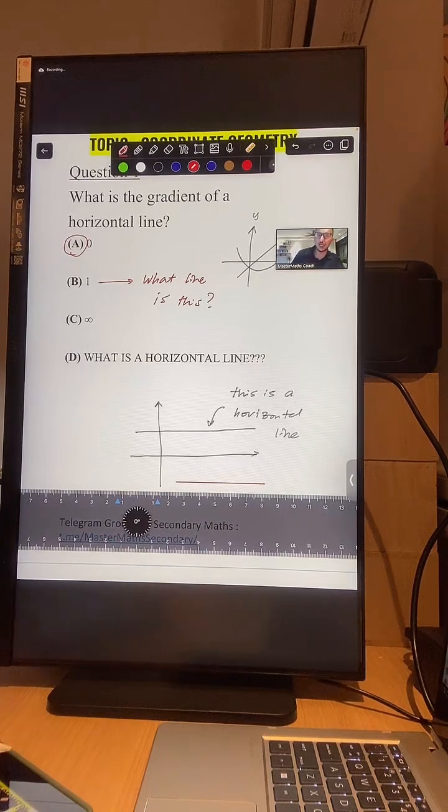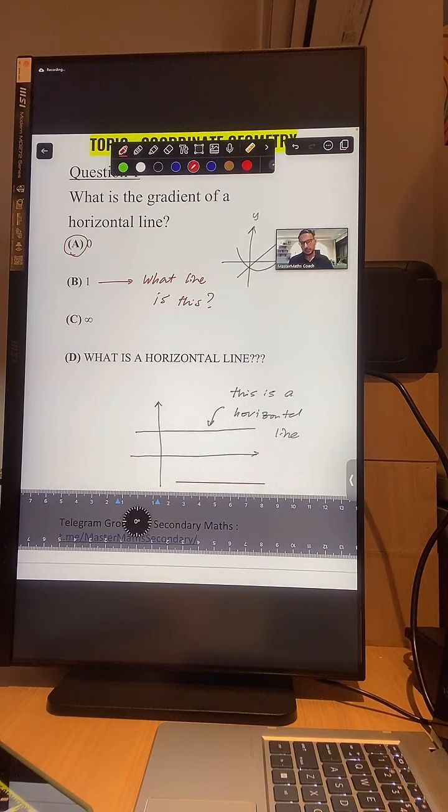If you have a gradient of 1, what line is it? Leave me a comment. Anybody?